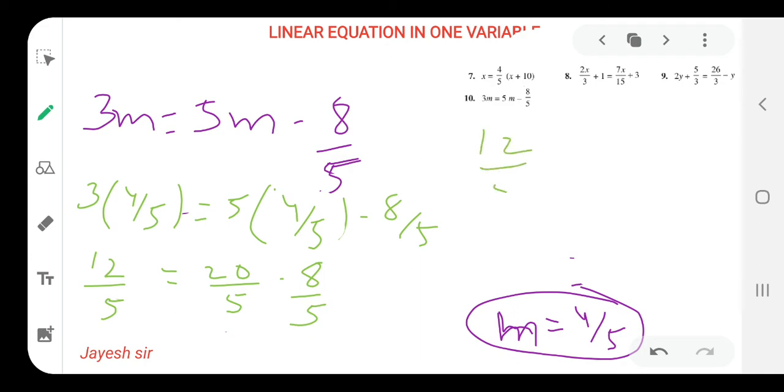Here it was 12 by 5. This is the left hand side, and 20 minus 8 by 5 in the denominator. Now 12 by 5 is equal to 12 by 5. That means our answer is equal, LHS side equals RHS side. So from this we can say LHS equals RHS, and our answer is correct.